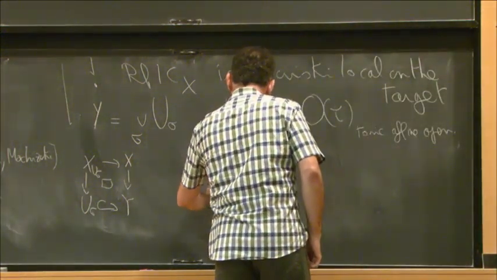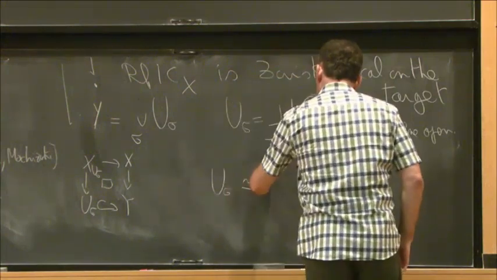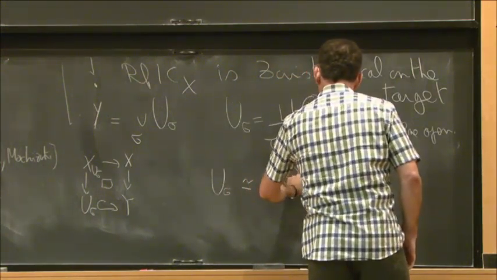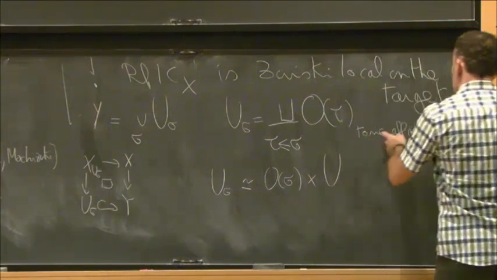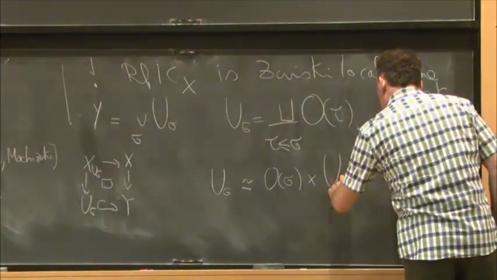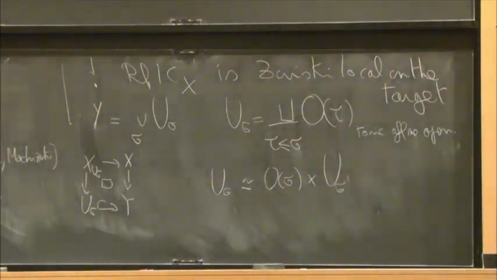U sigma equivariantly looks like the orbit sigma times another toric affine variety of type U sigma prime, where U sigma prime is affine toric, and it's given by the fan associated with sigma, but not viewed in the original lattice, but sigma viewed in the lattice spanned by sigma.